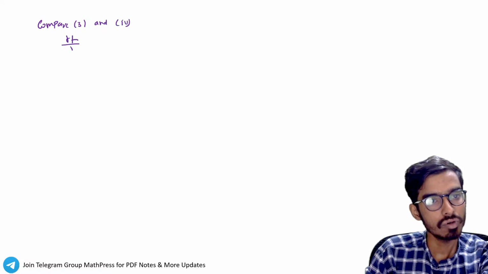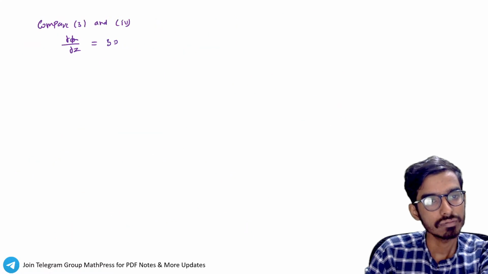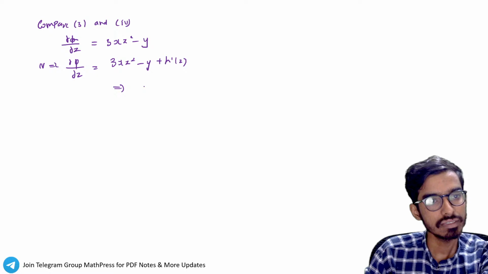So we already know dou phi by dou z is 3xz square minus y. From 4 we have dou phi by dou z to be 3xz square minus y plus h dash of z. So when you compare this, you will get h dash of z is equal to 0. That means h of z is constant, right?